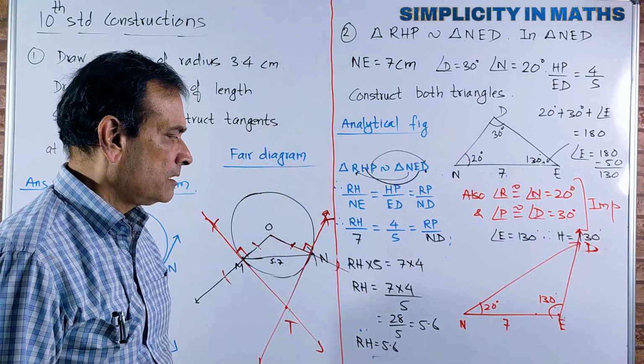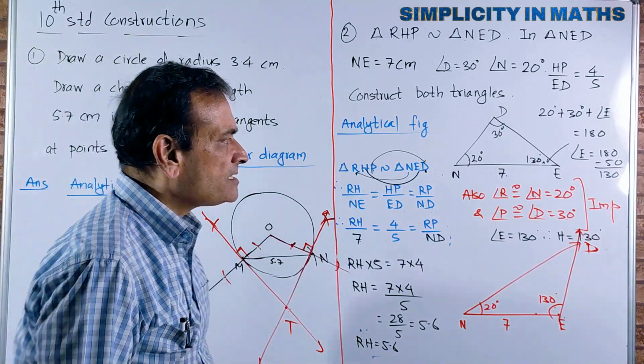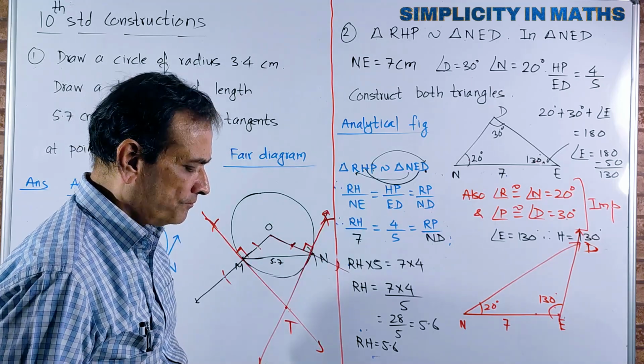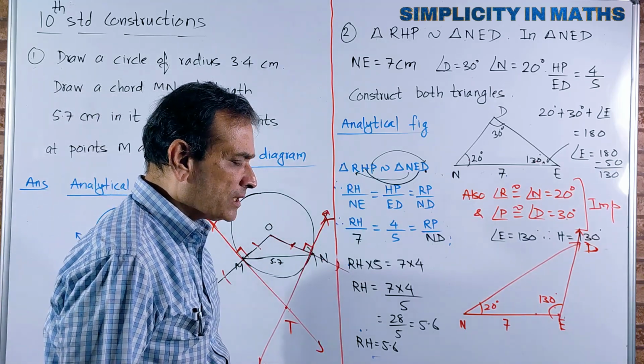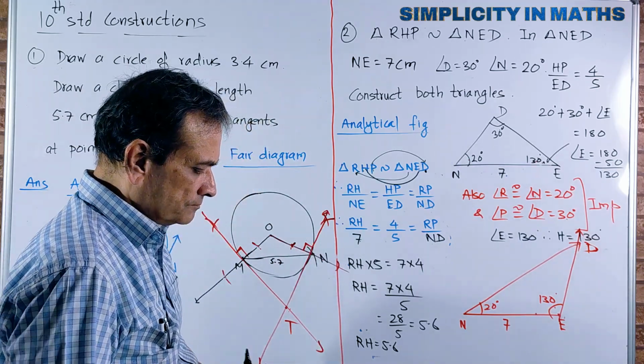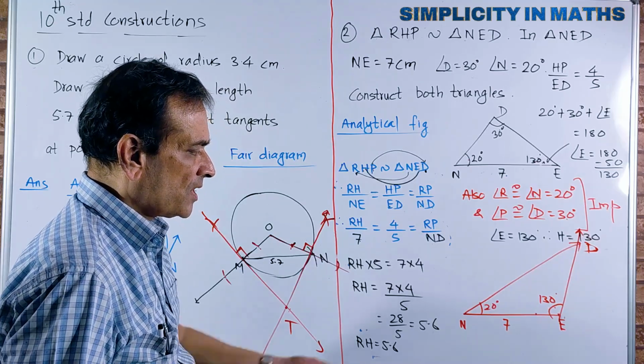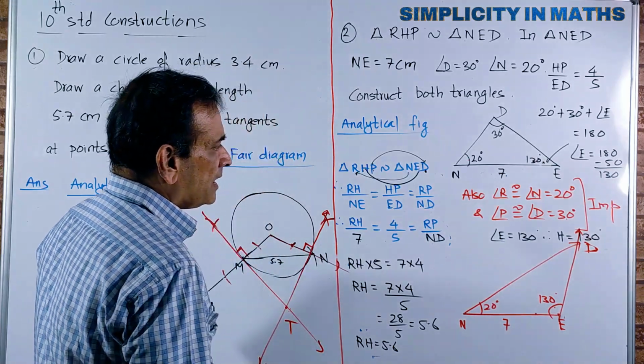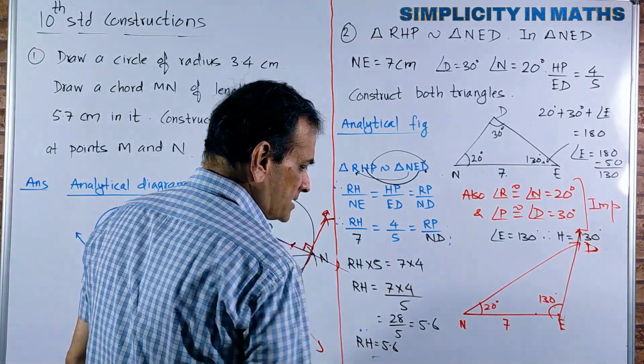Abhi second triangle is the same way. Triangle RHP. I will just show you now. इसके नीचे ड्रॉ करता हूँ. Otherwise, I can draw it over here if you can't see.